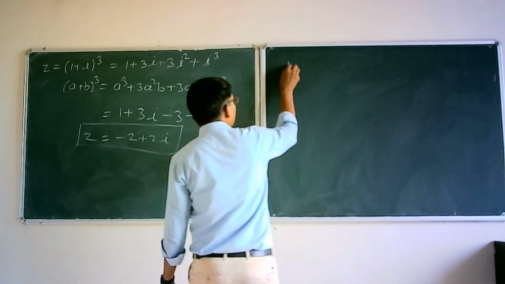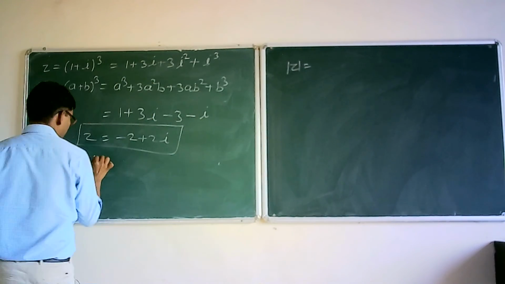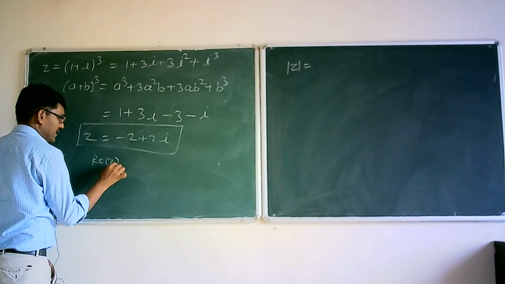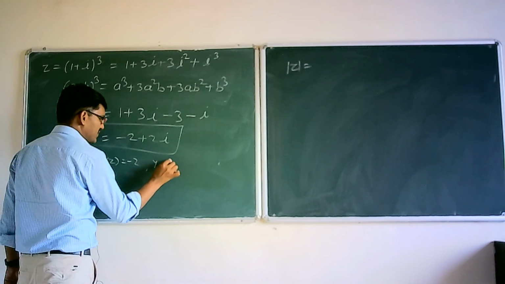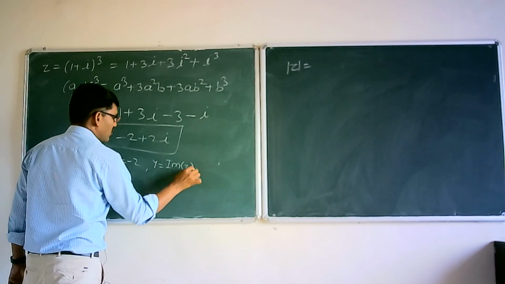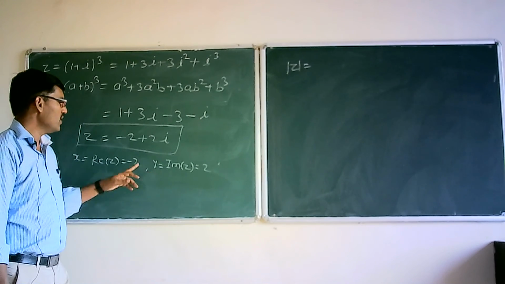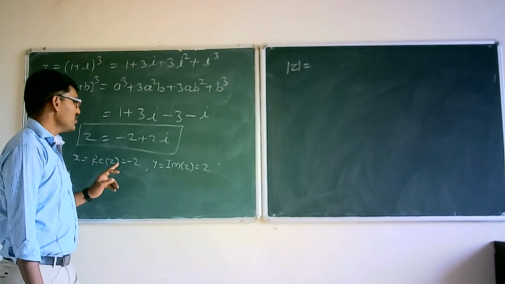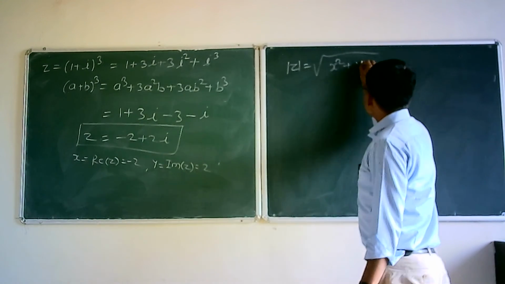So what is the modulus of z? Real part of z is equal to minus 2, which is our x, and imaginary part of z is equal to 2, not 2i. Only the imaginary part is 2. It is represented by y. So what is the modulus of z? It is √(x² + y²).